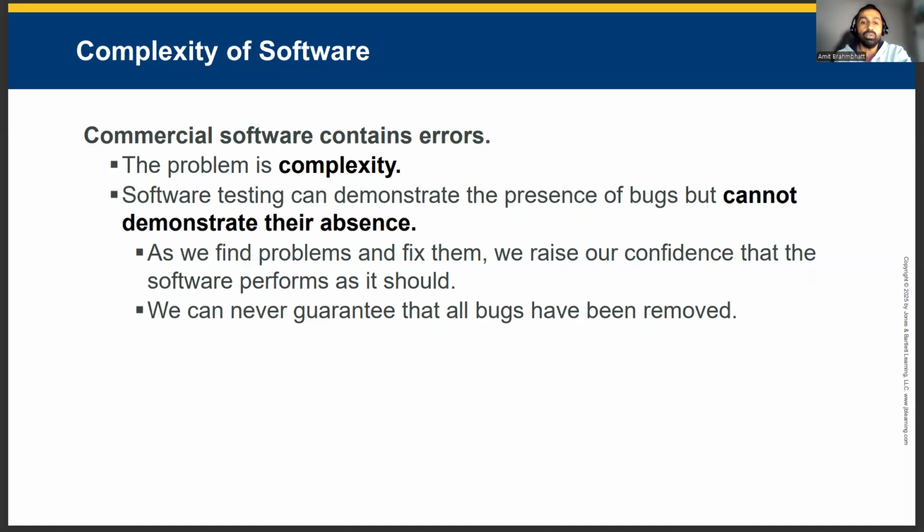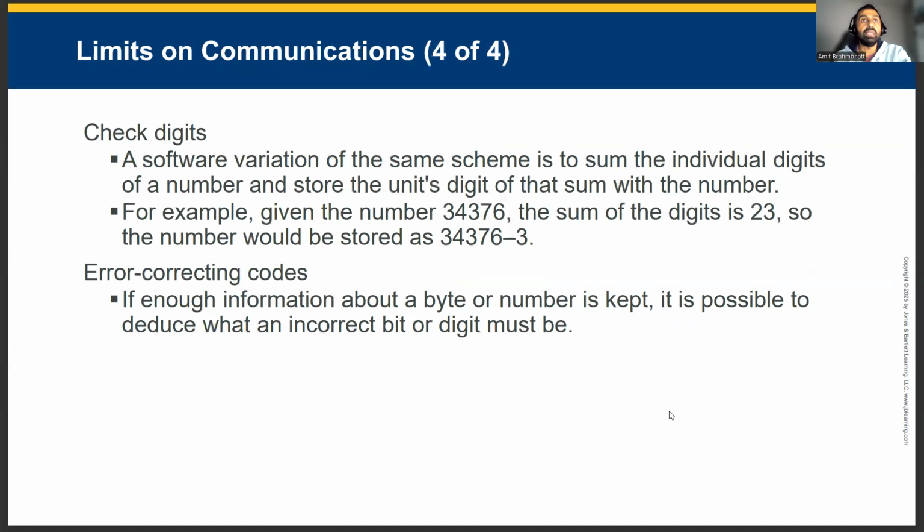We can't guarantee that all bugs have been removed. And as projects grow in size, the number of issues they carry also grows, and there is a need for additional layers that can help us maintain the program.